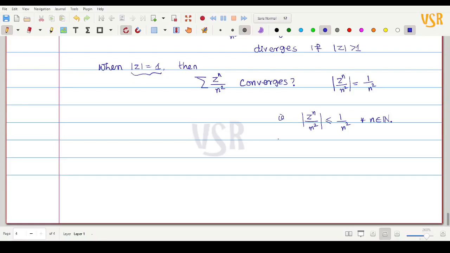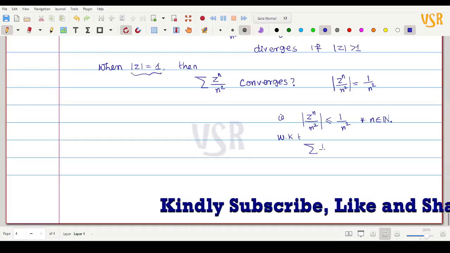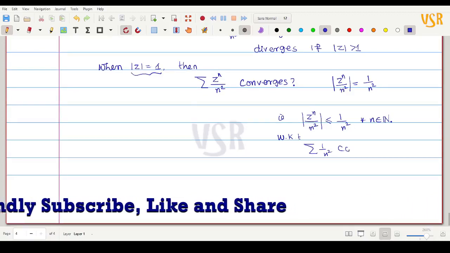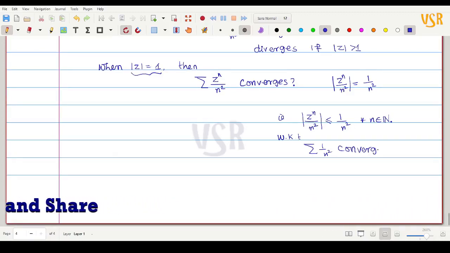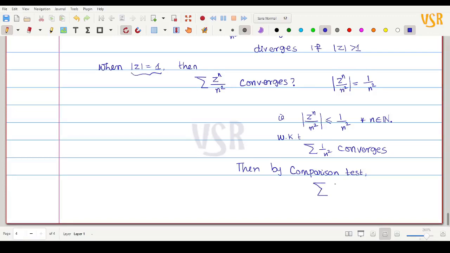We know that summation 1 by n square converges. Then by the comparison test, summation z to the power n divided by n square also converges.